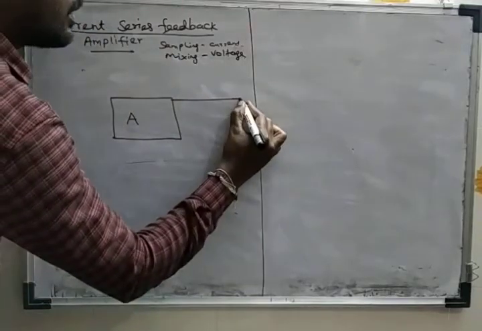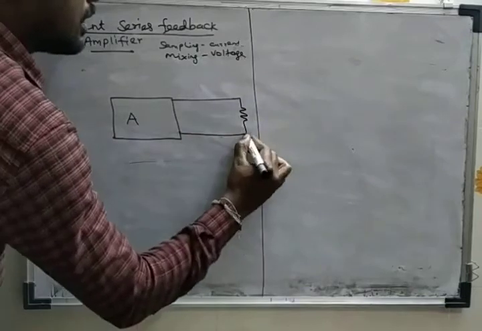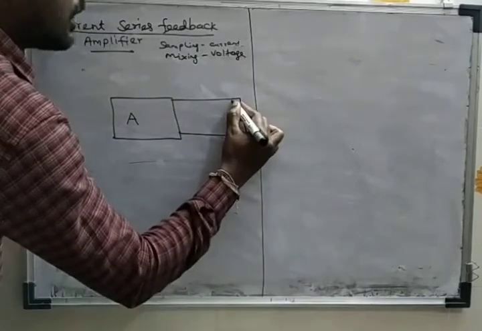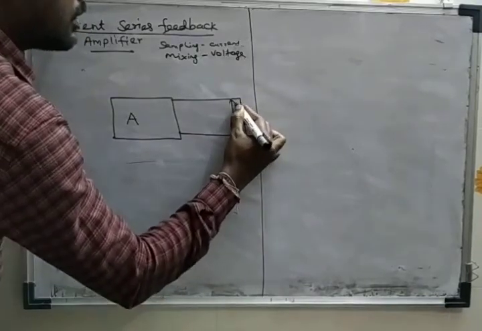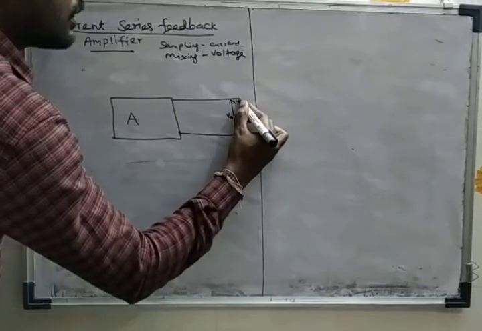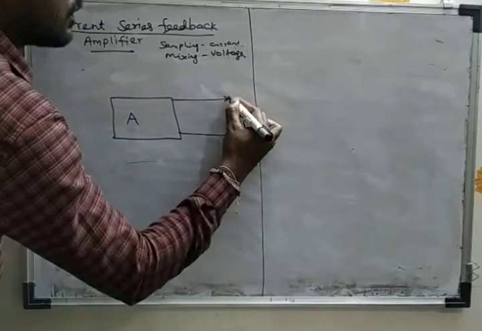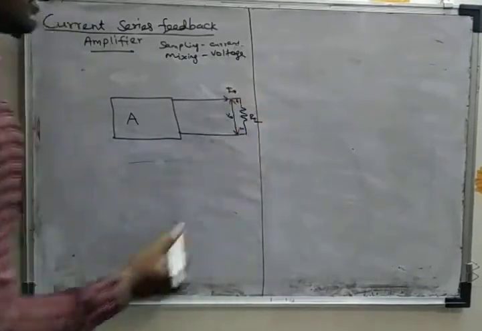So your load resistance RL and voltage across RL is V0. Current flowing through RL is I0.